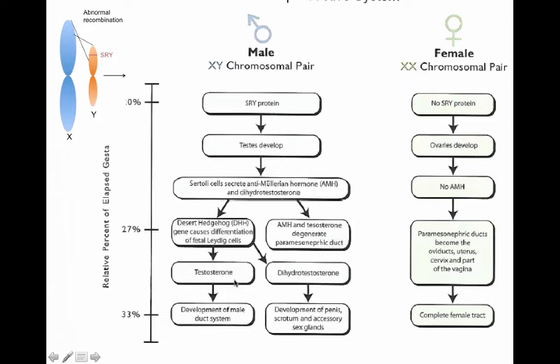The testosterone is going to allow the development of the male duct system, and dihydrotestosterone is then going to develop the secondary sex characteristics such as the penis, the scrotum, and the accessory sex glands. So again, whether we get males or females directly goes back to the presence of the SRY protein that only shows up on the Y chromosome.